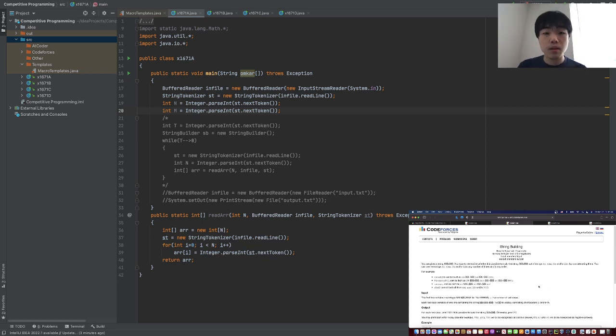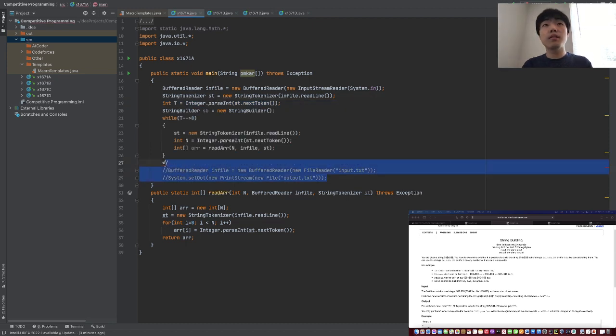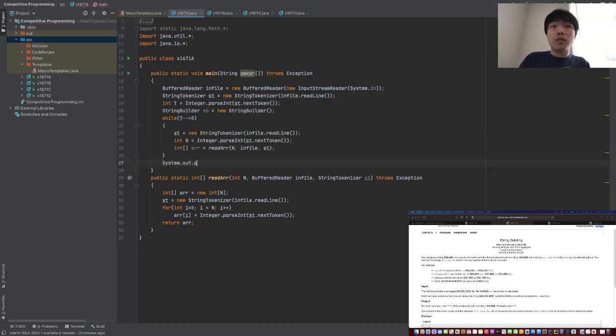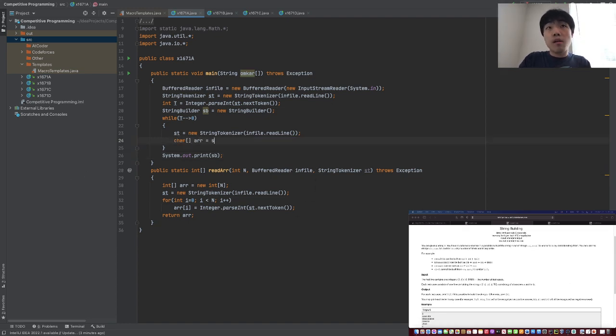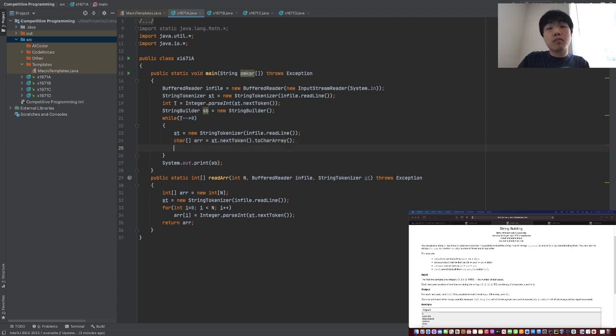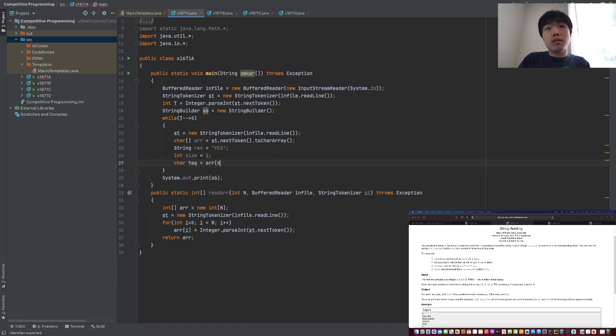A and/or B. Is it not just checking to see if... okay, it's either yes or no. So it's literally just: string res is equal to yes, size is equal to 1, card tag is equal to array of 0.